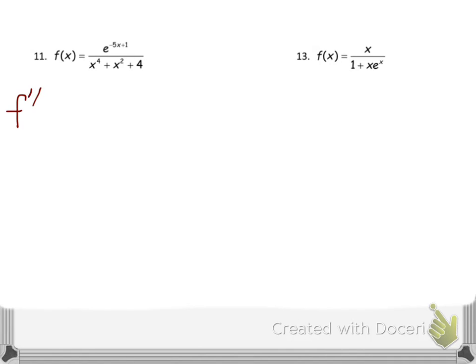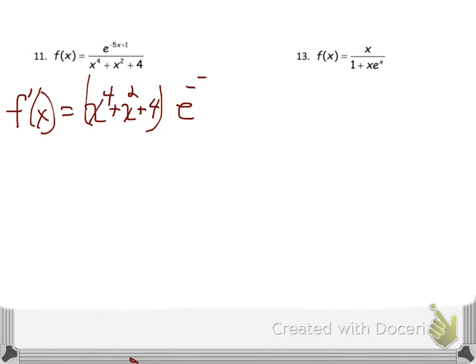So f prime of x equals low. So write down exactly what you see, and you probably want to put it in parens. D high. So d high, write what you see, e to the negative 5x plus 1, and then multiply that by the derivative of the exponent, which is negative 5. Okay, so we're just going to do one at a time. So that's our first term.